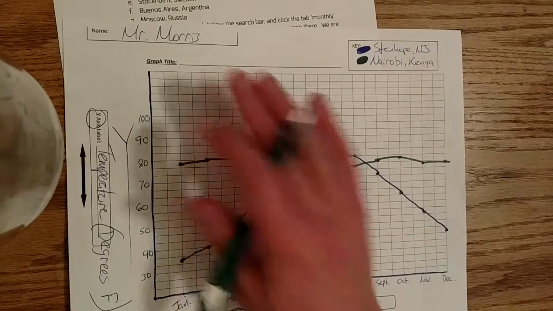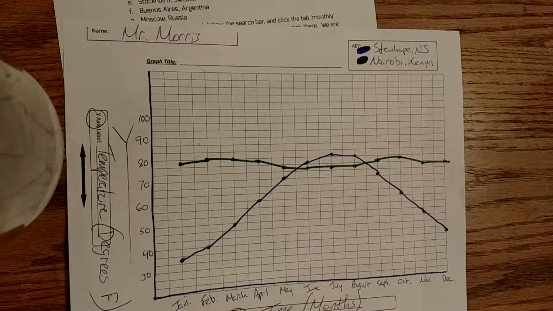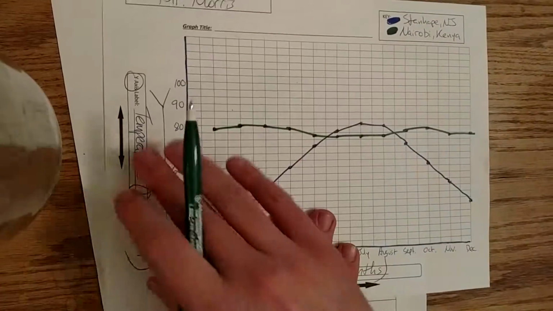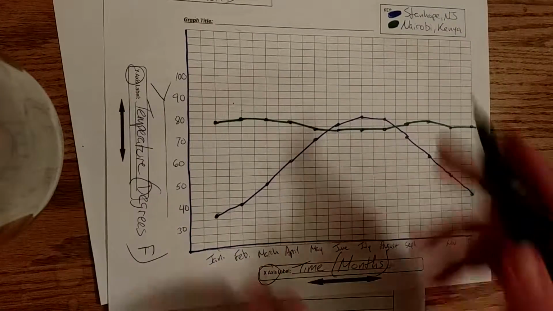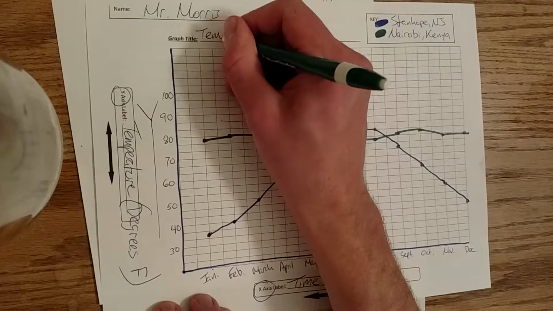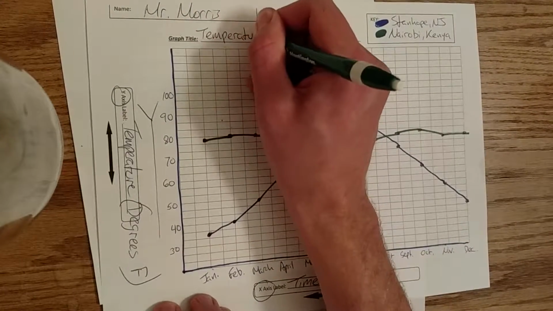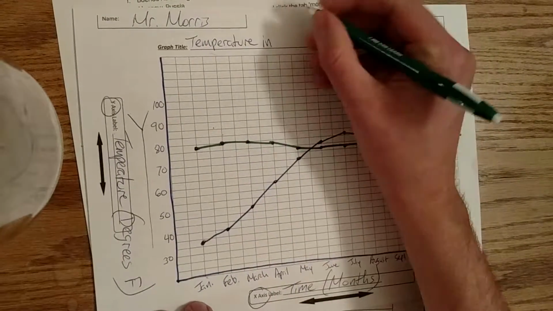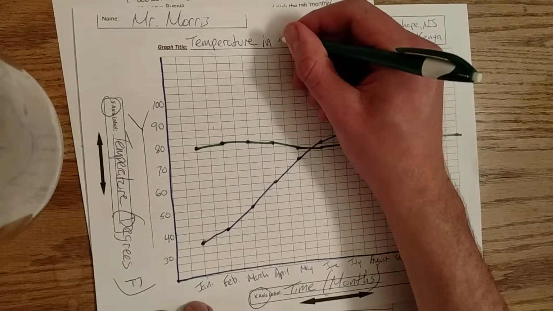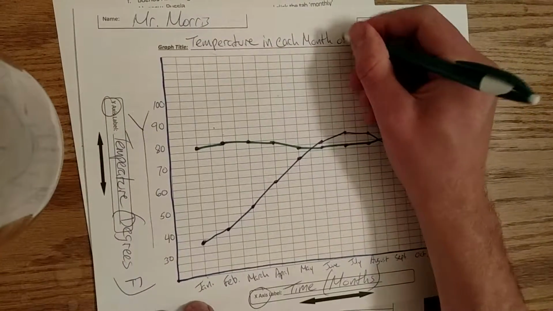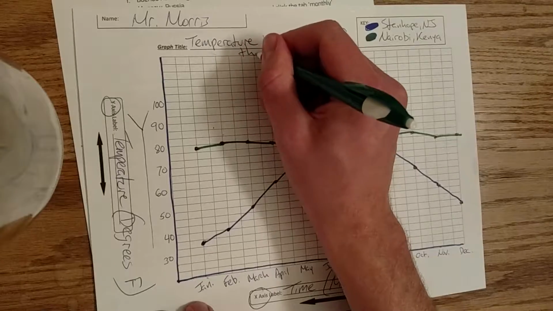Last thing we need to do is we need to make a graph title, all right? So we have 2 pieces of data. We have temperature and we have time. So we are going to title this Temperature in each month of the year.